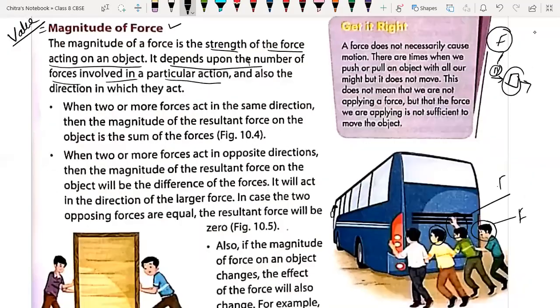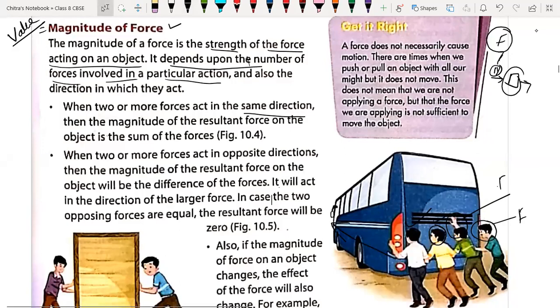Okay, so now the next part. When two or more forces act in the same direction, suppose all the people, one, two, three people, are pushing the bus and applying force in the same direction, then the magnitude of force will increase.